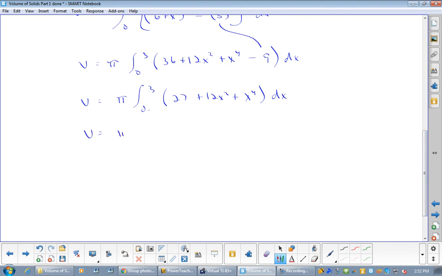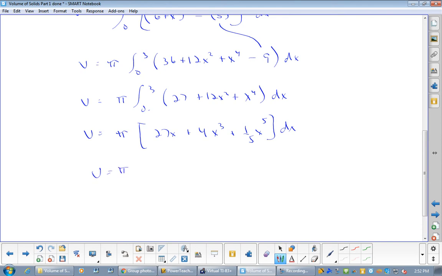Now I'm going to take the integral. 27x plus 12 over 3 is 4x cubed plus 1/5 x to the 5.